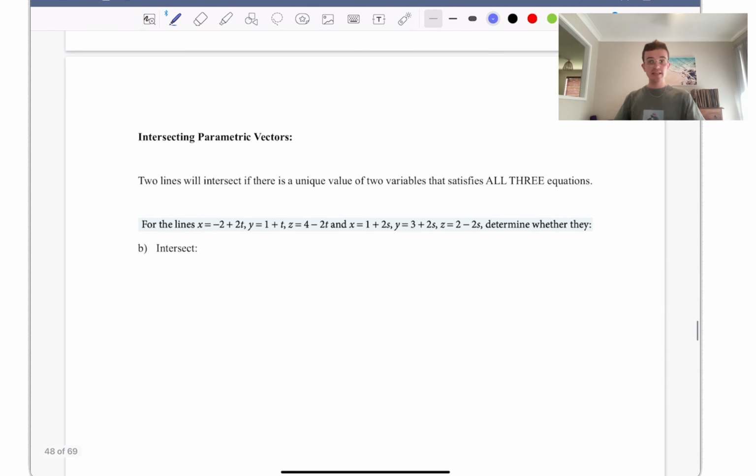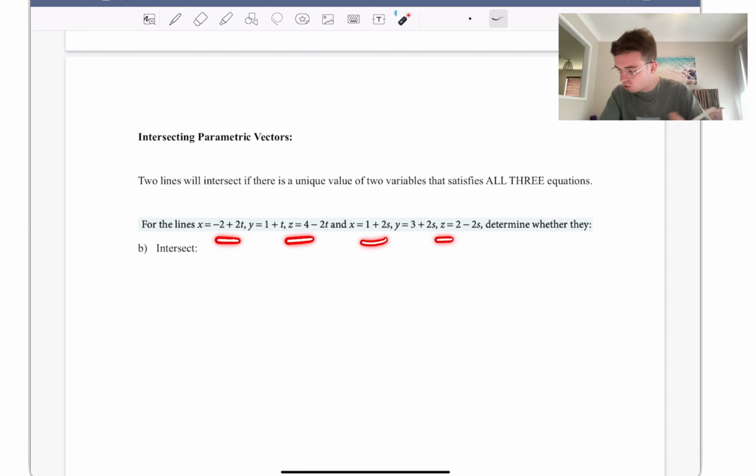So intersecting parametric vectors. Two lines will intersect if there is a unique variable that satisfies all of the equations. So they intersect if there's some value t that satisfies all of these equations. To do that, we're going to equate the x and the y and the z components.